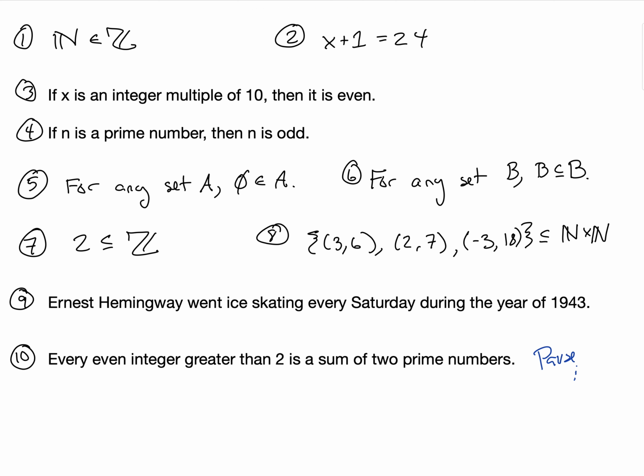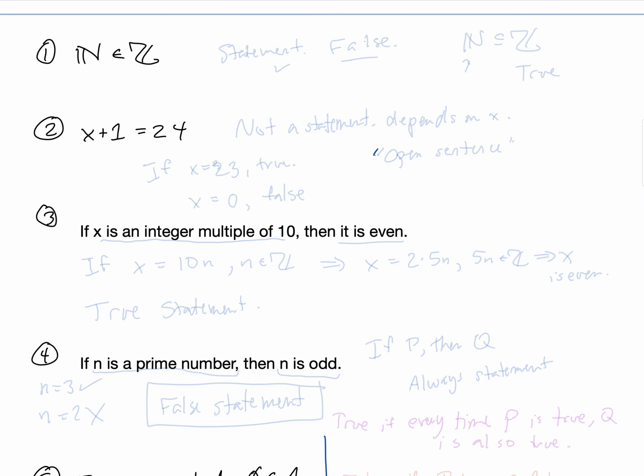Okay, the first sentence says that the set of natural numbers is an element of the set of integers. This is a statement. It is either definitely true or definitely false. This one happens to be false. It's false because while it is true that the natural numbers are a subset of the integers, the natural numbers are the positive integers.